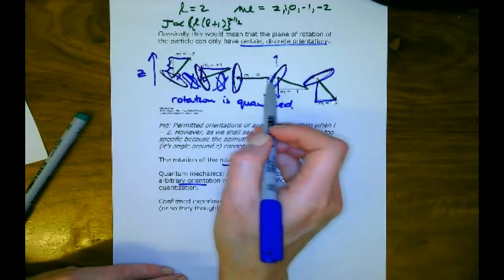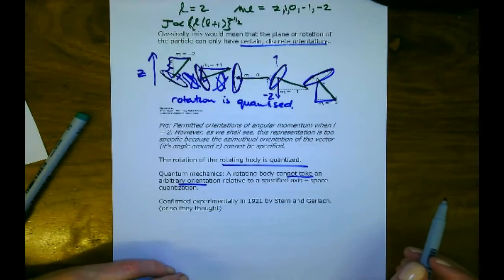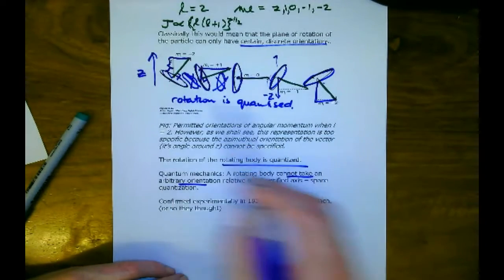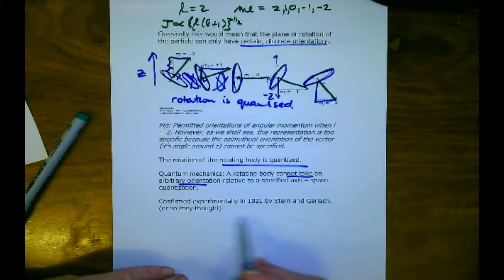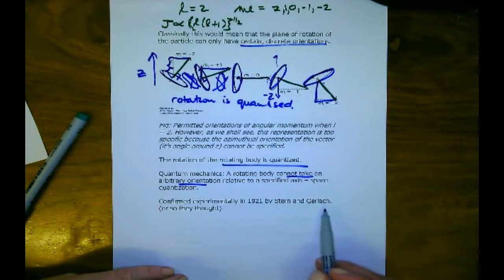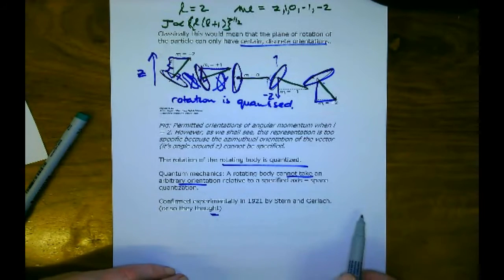It can only take certain orientations relative to the z-axis. Now this quantization of rotation was proved by Stern and Gerlach in 1921, or so they thought, but we come back to that experiment in a minute.